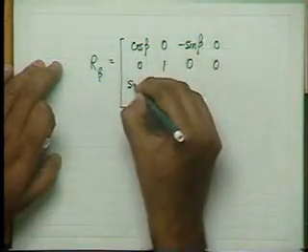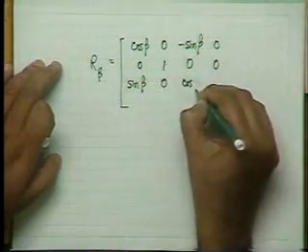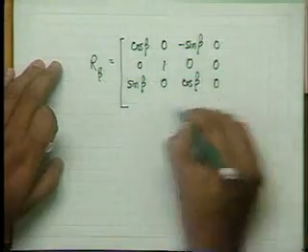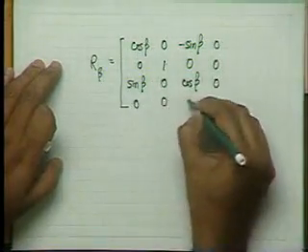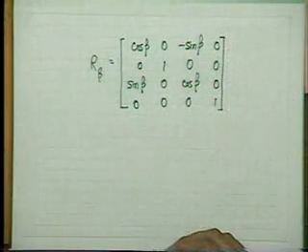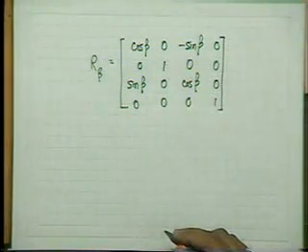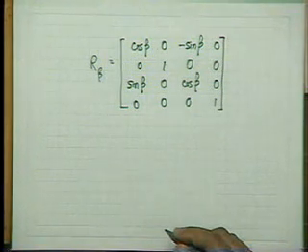This is sin beta, 0, cos beta, 0. This is 0, 0, 0, 1. So this is the transformation matrix R beta, indicating rotation about y axis.